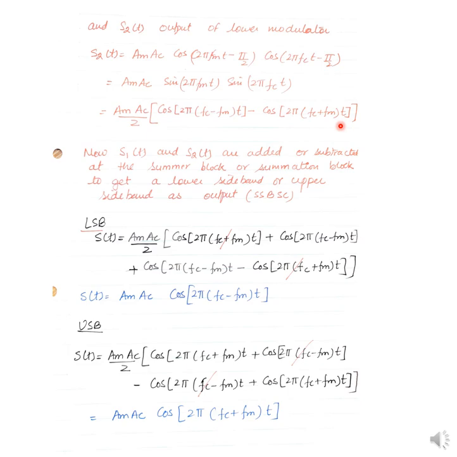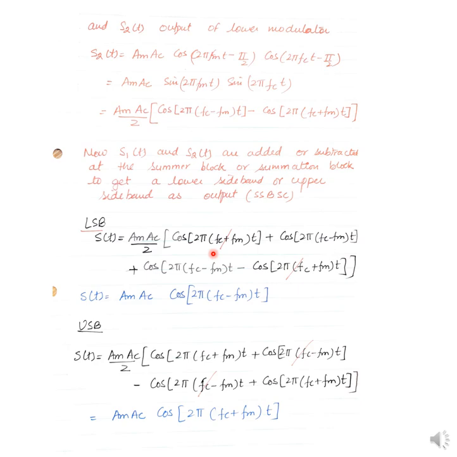Now s1(t) and s2(t) are added or subtracted at the summer block, or summation block, to get the lower sideband or upper sideband as the SSB-SC output. So when we are using LSB, meaning the lower sideband, then s(t) equals Am Ac divided by 2, and we are adding them, meaning we are using the adder in the form of plus.